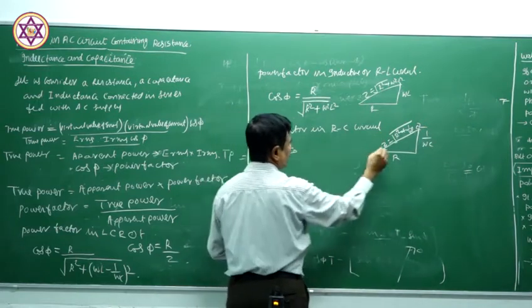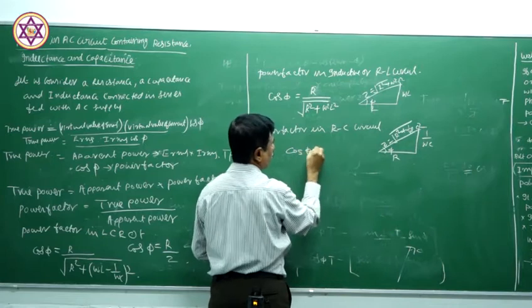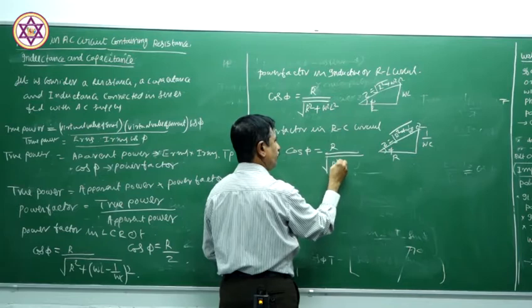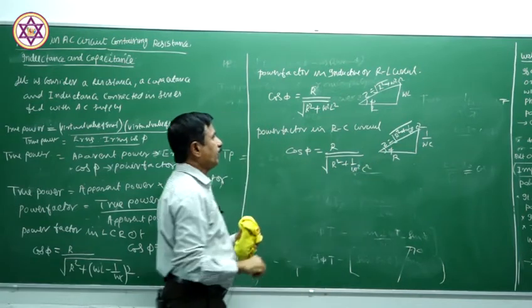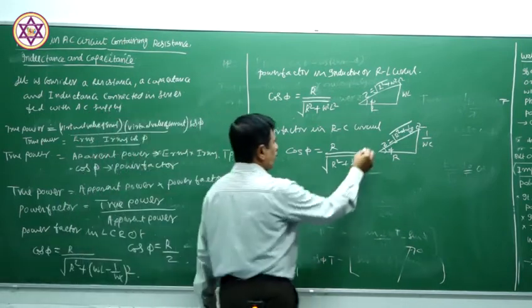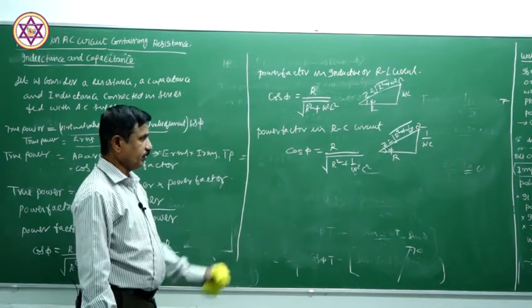Therefore, our cos phi is equal to R divided by root of R squared plus 1 over omega squared C squared, which is the power factor in an RC or capacitive circuit. Power factor is given by these equations.